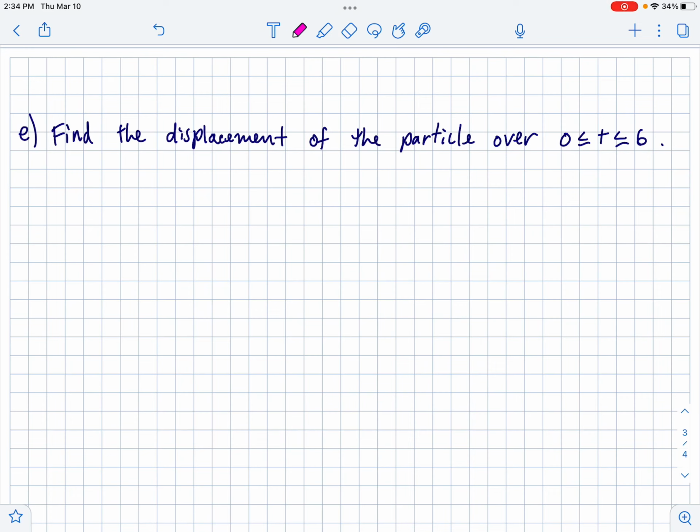Last one, find the displacement of the particle over 0 to 6. Are we doing just displacement? Oh, and distance traveled. Find the displacement and distance traveled. My bad. So we're going to do this one on a calculator. Remember that the displacement is just integrating from 0 to 6 seconds. So we go 0 to 6 seconds, but then we're going to integrate the velocity.